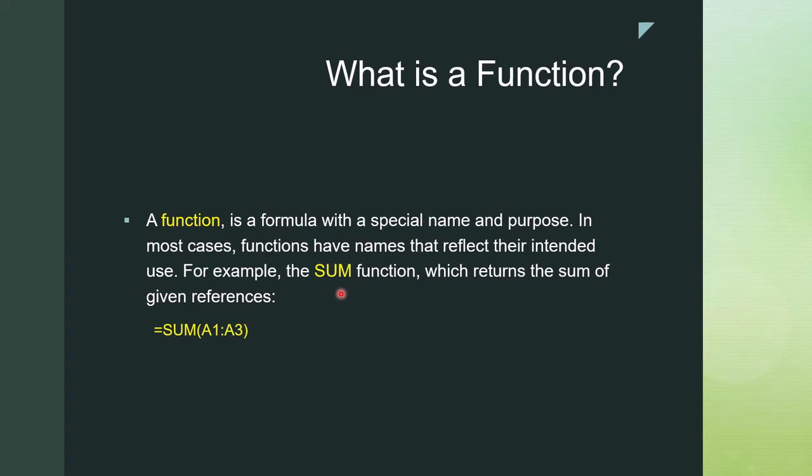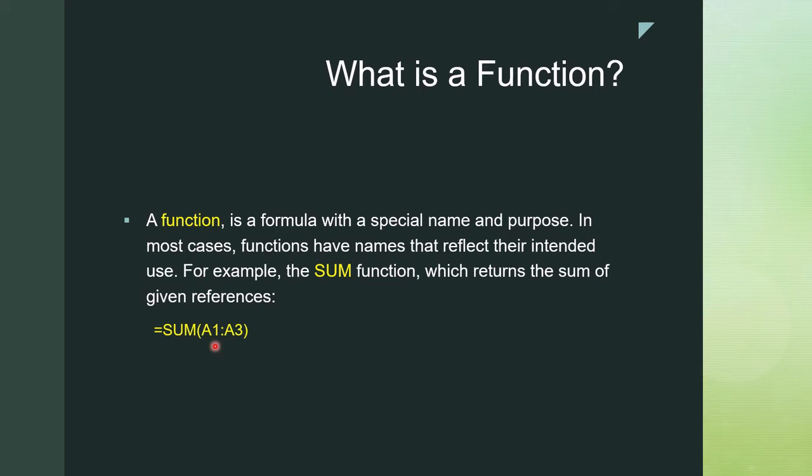For example, I have right here a function. It says equals SUM. So this is the word that is going to trigger Excel to do something for us. And after that I have parentheses, and inside of the parentheses I have arguments. These arguments are either going to be separated by commas or joined by the colon sign.